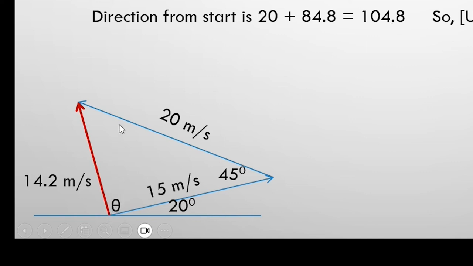Now, thinking about the vertical here, the one that would be at 90 degrees, if we take this 104.8 degrees and subtract 90, we will get the missing portion in here, which is 14.8 degrees. So measured from straight vertical, measured from up, the red resulting vector is 14.8 degrees over to the left.